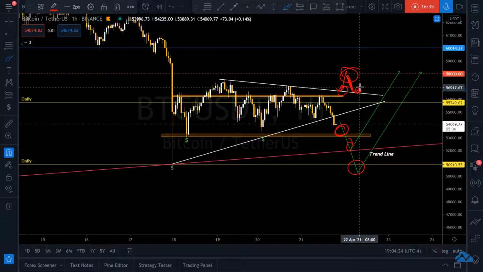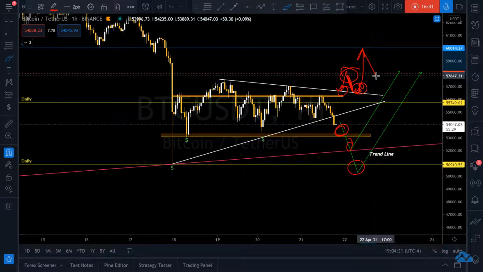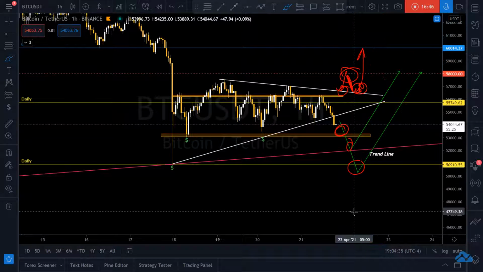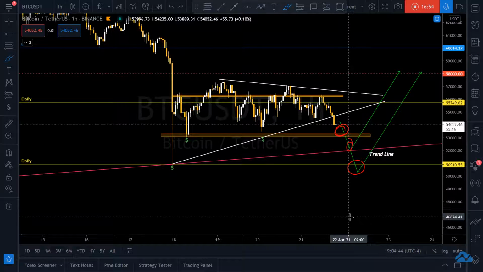You can test that support, and that will be the time to buy, and then you go up to the next one and wait until it ricochets, does a retest, and comes back by that. You've got to wait for confirmation, people. That's really important.